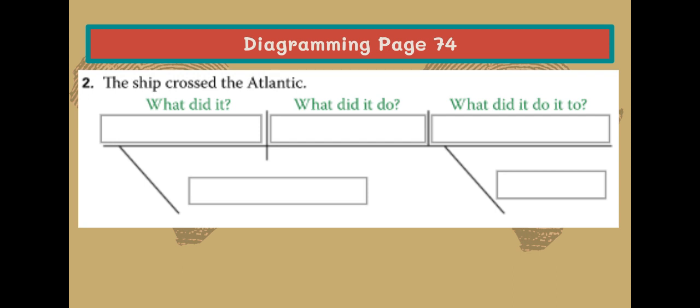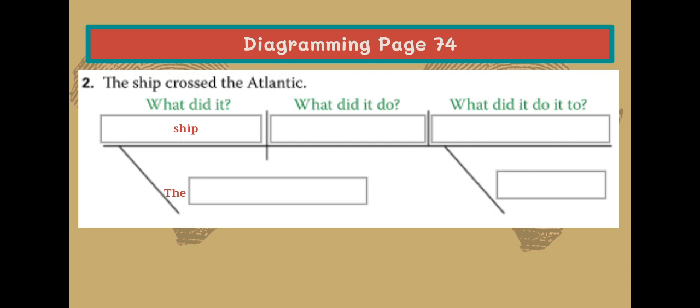Now let's look at number 2. The ship crossed the Atlantic. What did it? Ship. And we're going to put the on the line underneath ship because it describes ship.